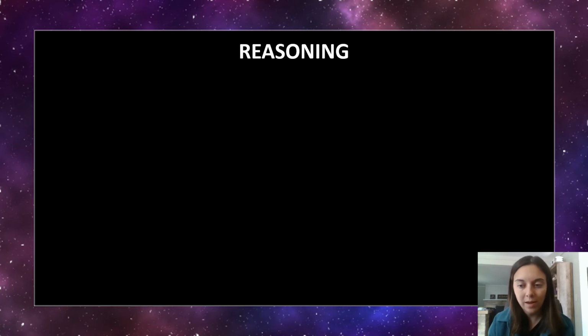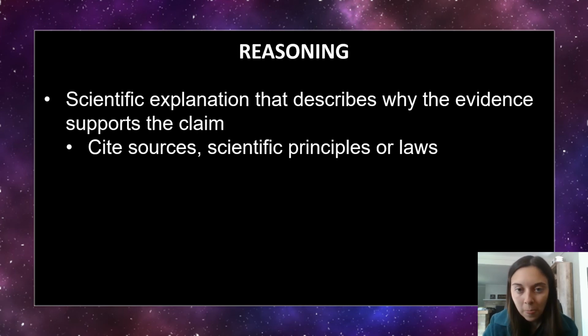Reasoning. Okay, this is the part that you're going to have the most difficulty with, but it's pretty simple once you get a hang of it. Reasoning is the scientific explanation. It's the science behind why this happened in the lab. It describes why the evidence supports the claim. Now, you're going to maybe have to do some background research, cite your sources, maybe use scientific principles or laws.